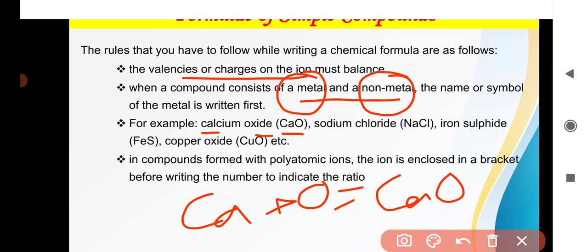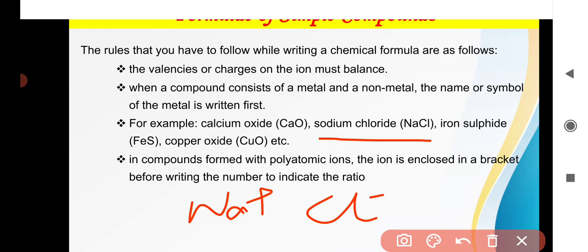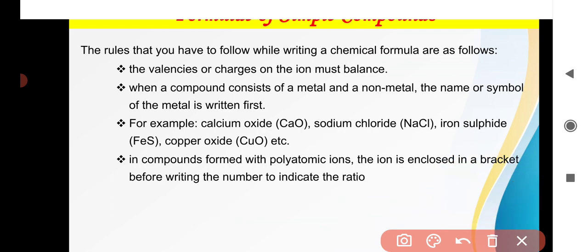In this example, calcium is named first and then oxygen. In the same way, in sodium chloride, Na is the metallic part and chloride is the non-metallic part. When they combine with each other, they form NaCl. We call this sodium chloride because it is conventionally accepted that you write the metal's name first, then the non-metal's name.